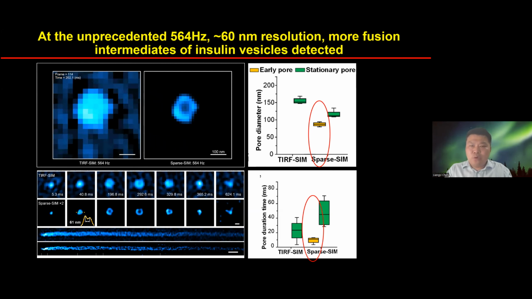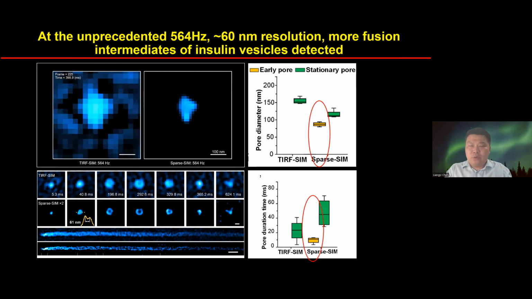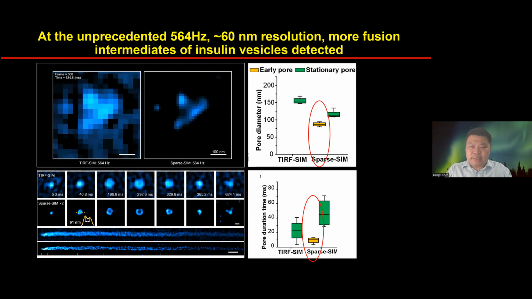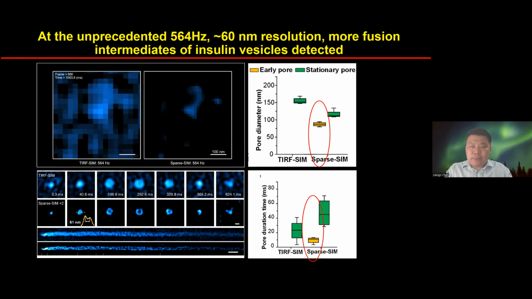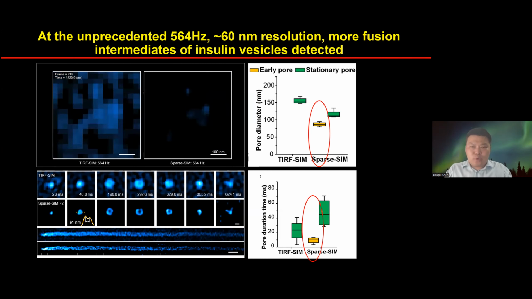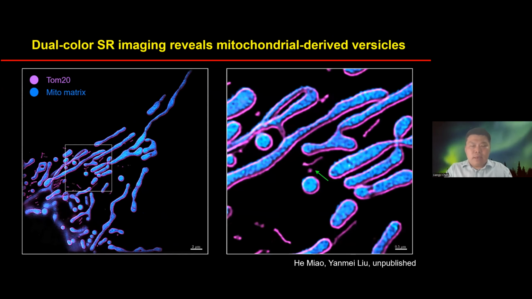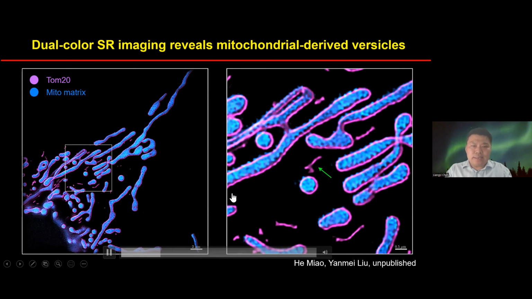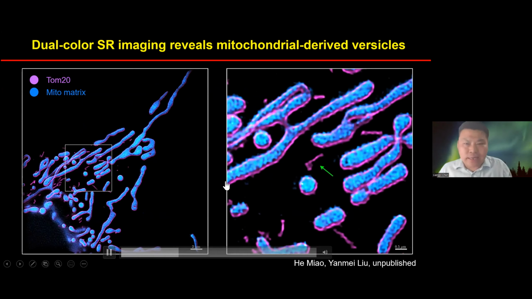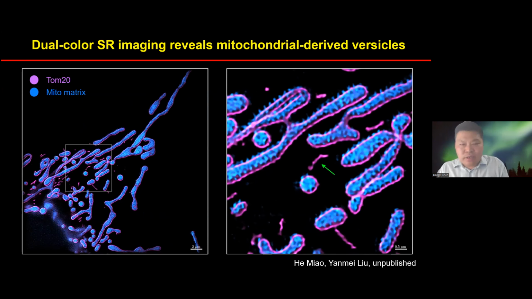Okay, we think this is a very important new fusion intermediate state, only achievable with this spatial temporal resolution combination. And we can also do it easily in 2D dual-color, because each color can do sparse deconvolution individually.